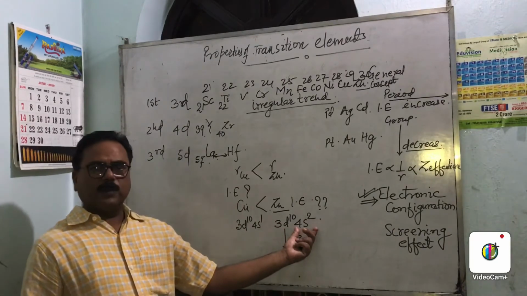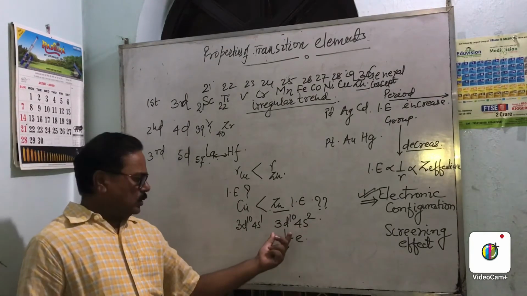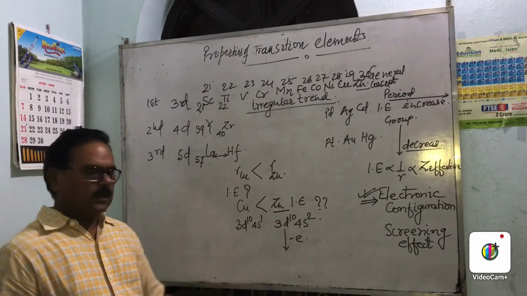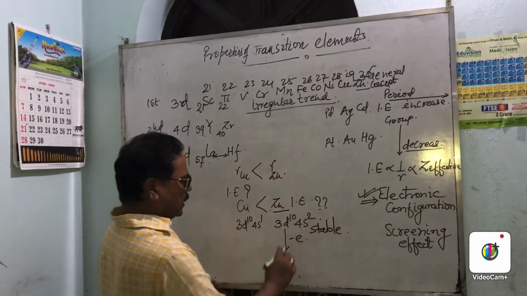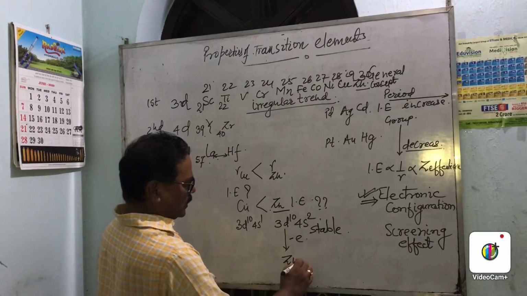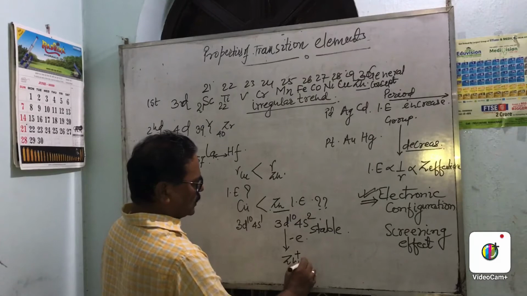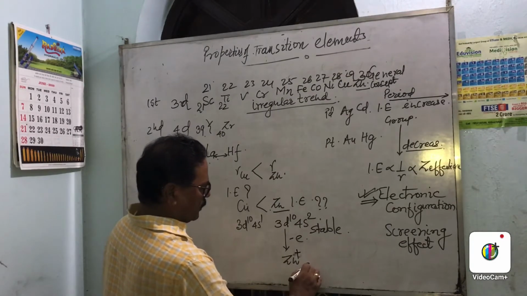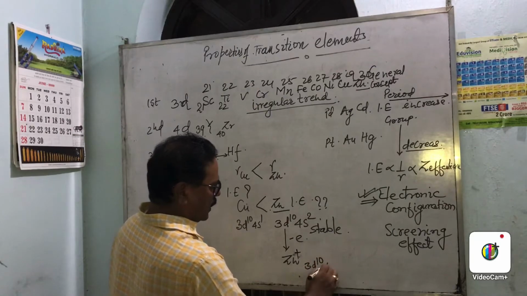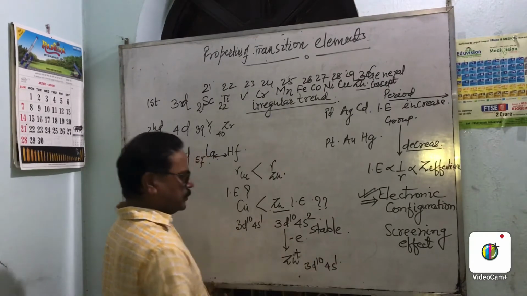So if we remove an electron, it needs more energy to form Zn+, which will have configuration 3d10 4s1.